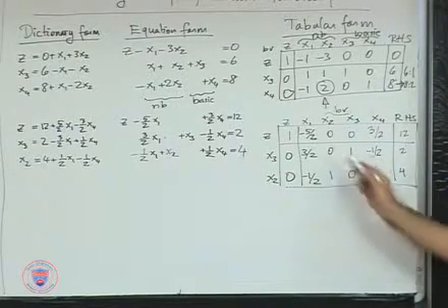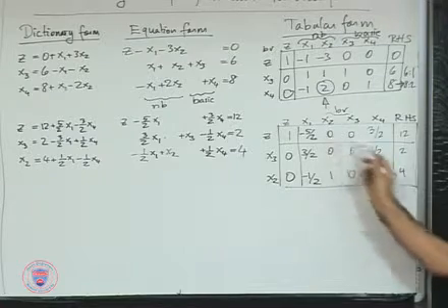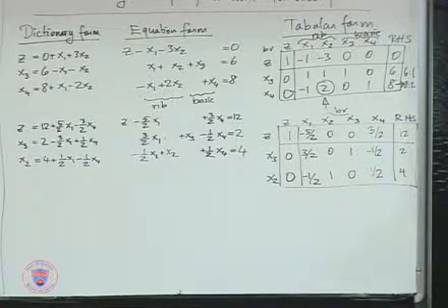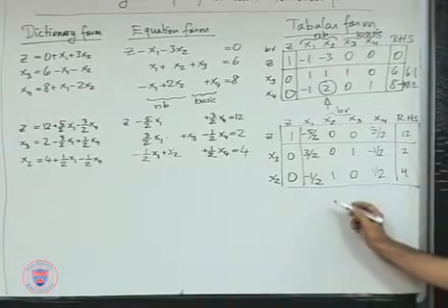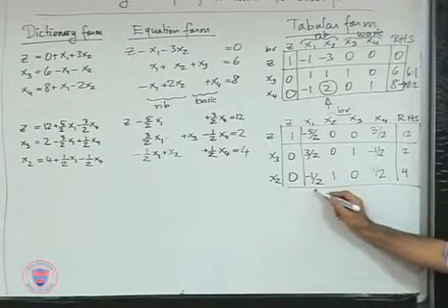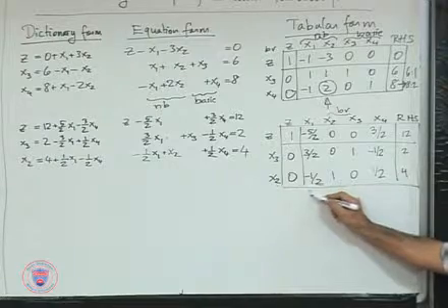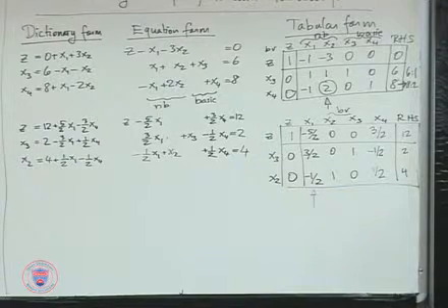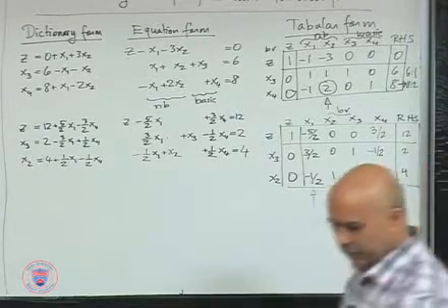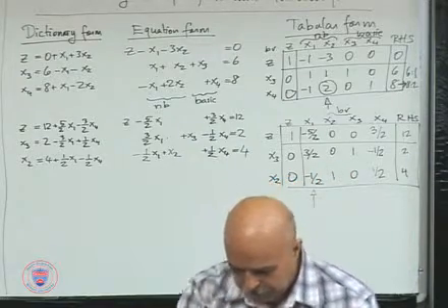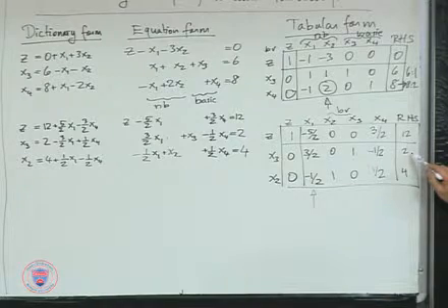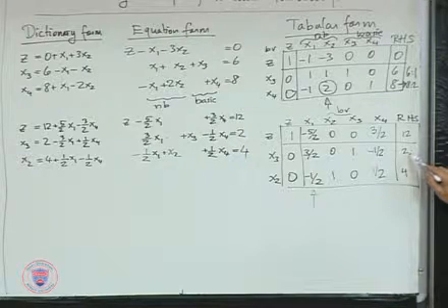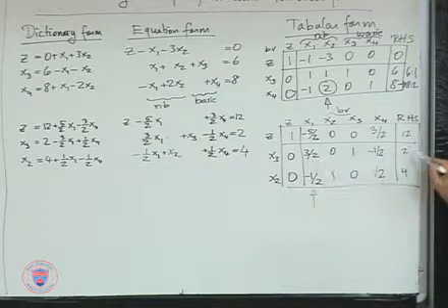Okay. I again inspect the coefficients in row 0, and I'm trying to increase my objective function value, so I choose, there's only one negative here, I choose this one as my entering variable. And then you look at your ratios, but there's only one ratio.